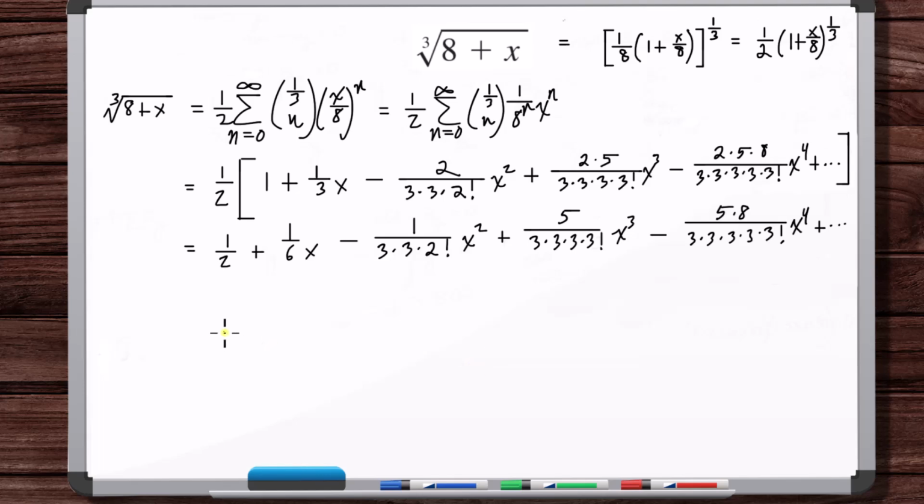Okay, so we've got 8 plus the cube root of 8 plus x, and then 1/2 plus 1/6 x, and then let's just do plus here, and then we'll incorporate the minuses with the alternating term.